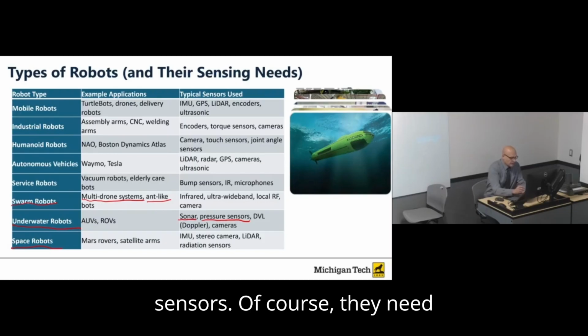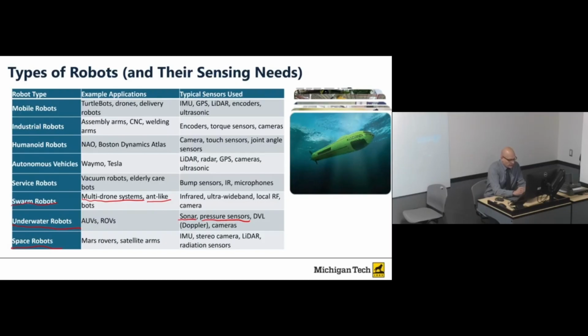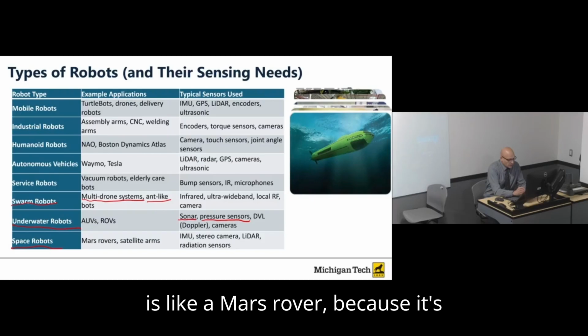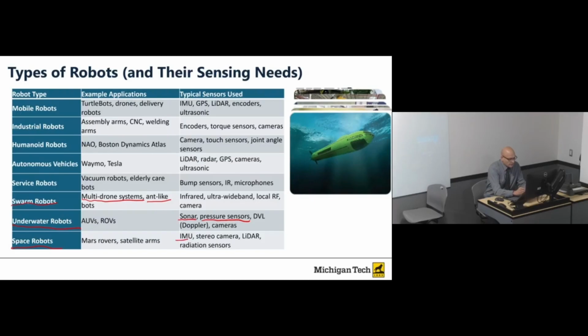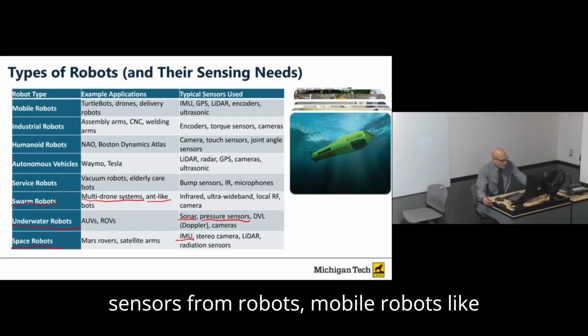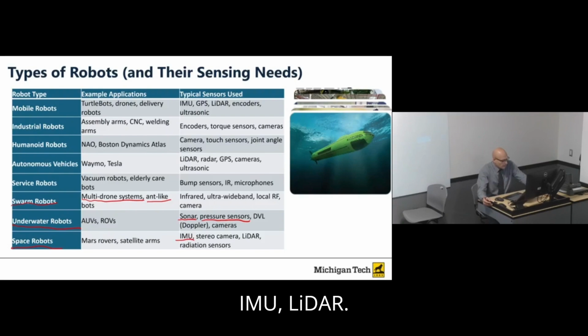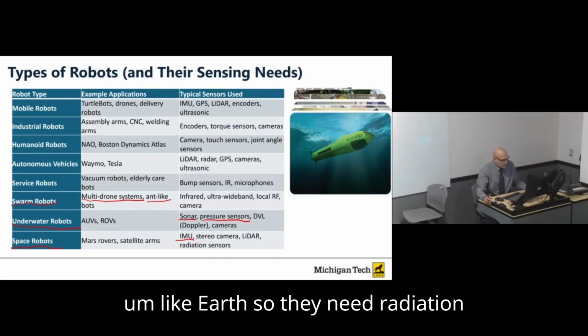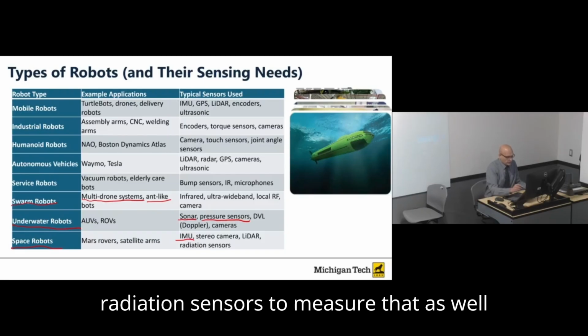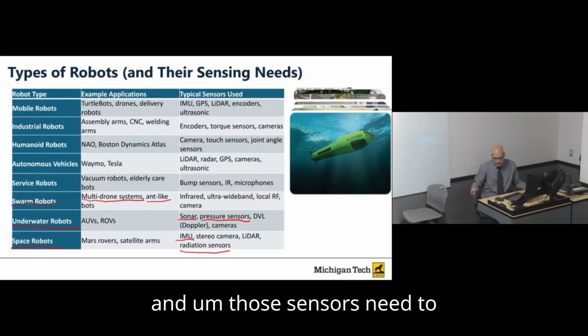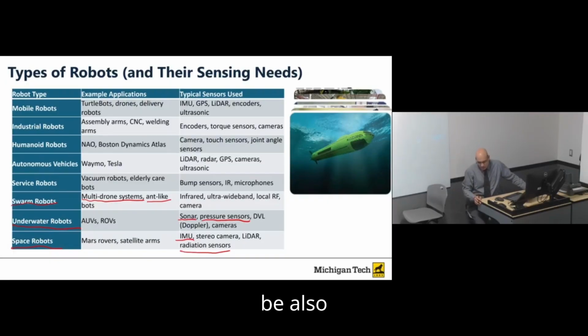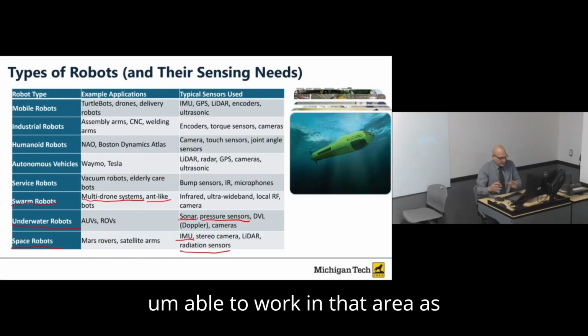Of course they need cameras, and if it's a Mars rover, because it's also a mobile robot, they need sensors for mobile robots like IMU and LIDAR. And because they are out of Earth, they need radiation sensors to measure that as well, and those sensors need to be also able to work in that area.